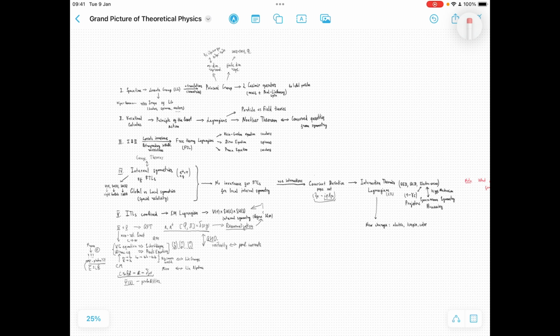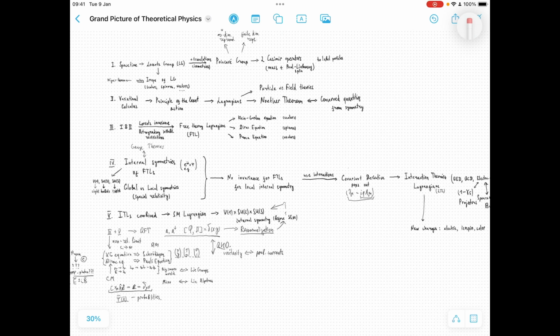Some parts could be left out, and I can simplify everything to make it simpler and easier to understand, because right now I have maybe too much here.